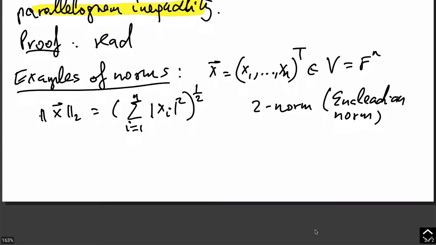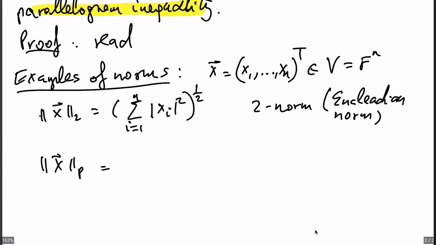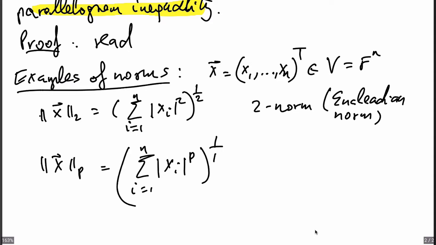Once we have this, then we can have a lot of different norms. We can have so-called p norms, where all we do is we replace the 2 with the p. So the p power and the 1 over p power. In general, this is called the p norm. And theoretically, p could be any positive real number.